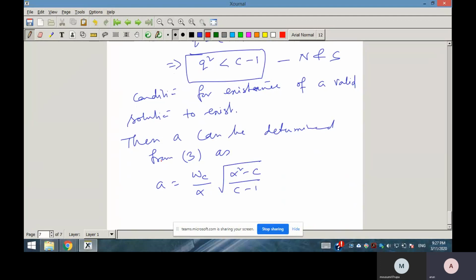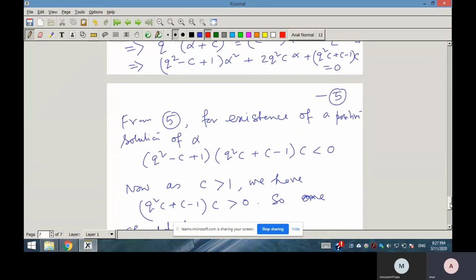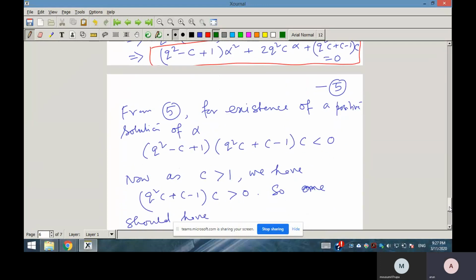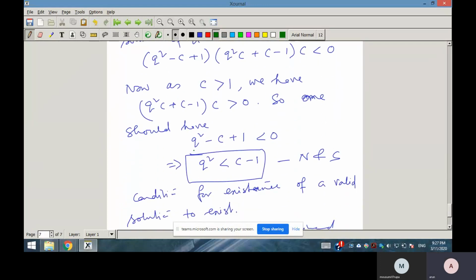So this expression is also very important. This is for computation of A, this expression is for computation of alpha, and this is the necessary and sufficient condition for existence of a solution. Okay.